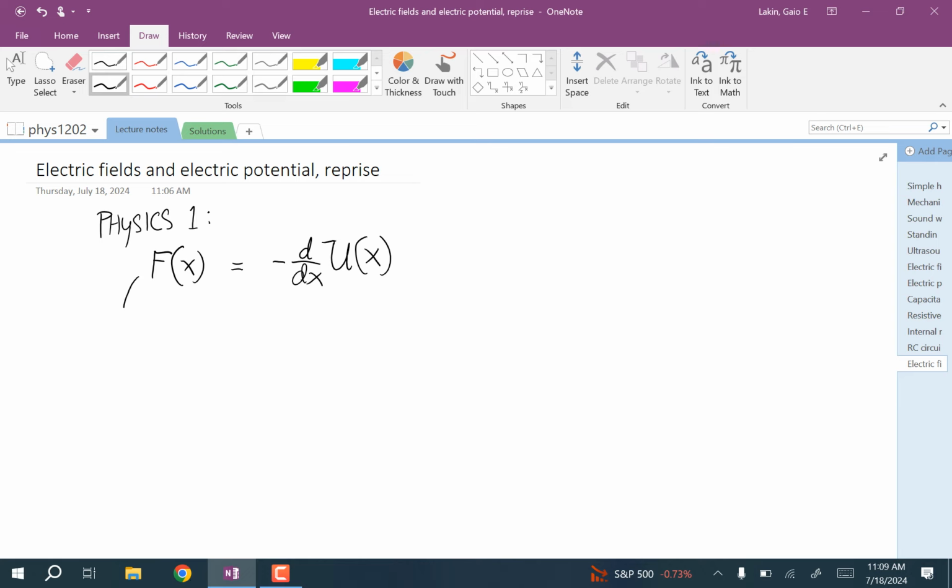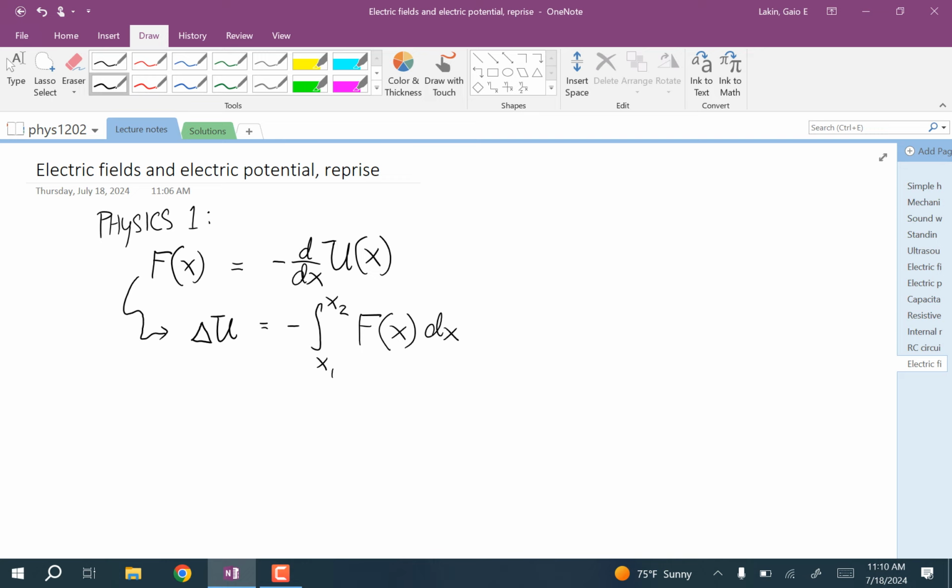And if you want to go the other direction, you can. So the change in potential energy is equal to negative integral from the starting position to the ending position of the force with respect to X. And then just remember that if you wanted to calculate the work from here, you could, because the work is equal to negative change in potential energy.